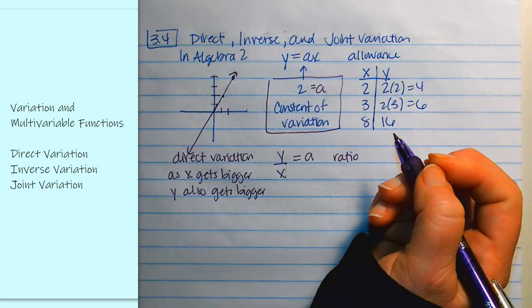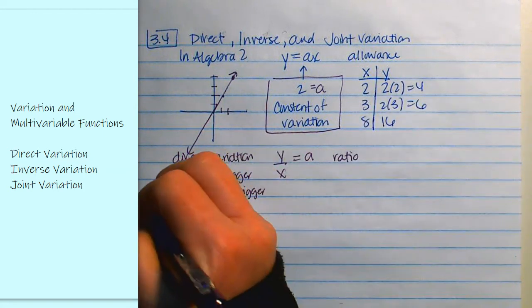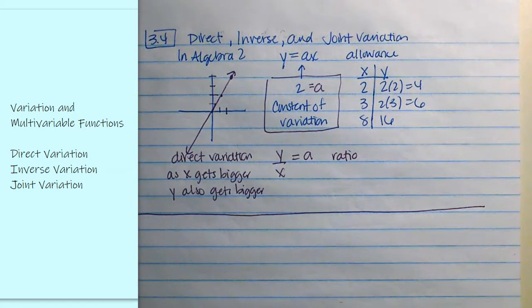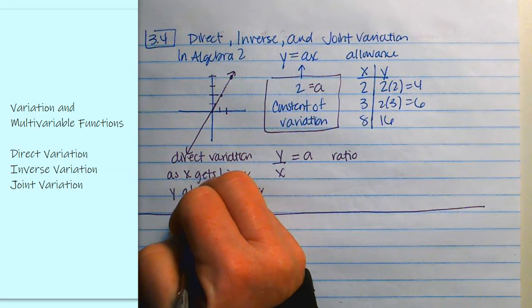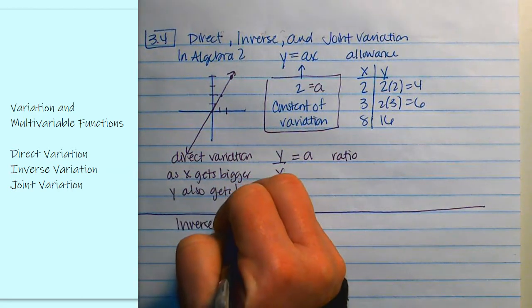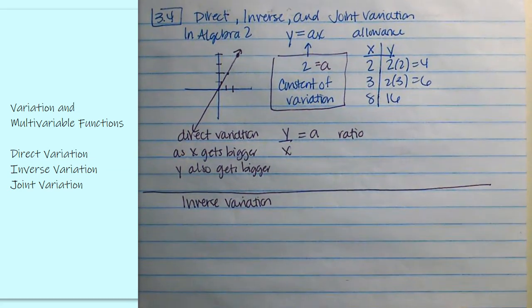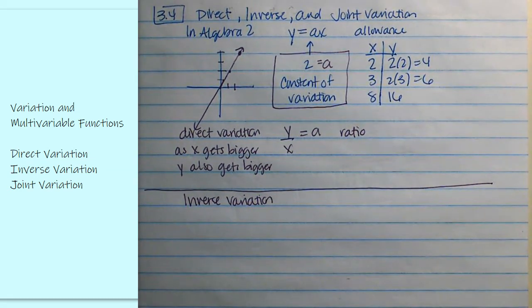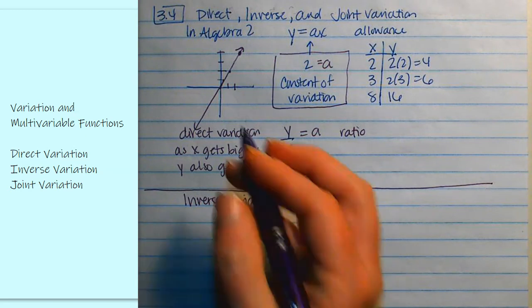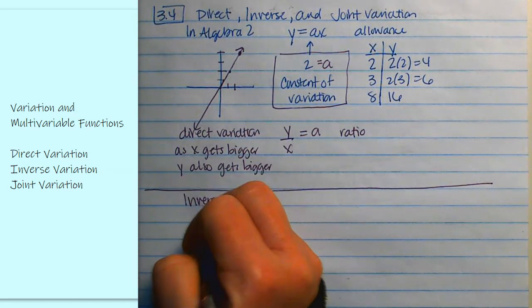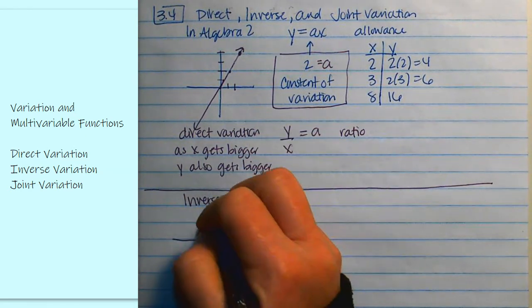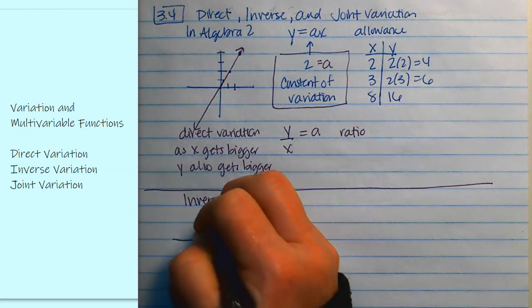Okay, so direct variation. We're also going to look at inverse variation. And that comes from the equation that we just looked at really for the first time in our chart of functions, which is a graph that looks like this, where we have this kind of curve to it.